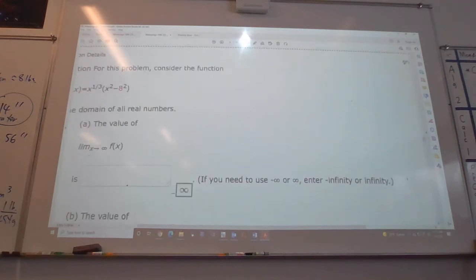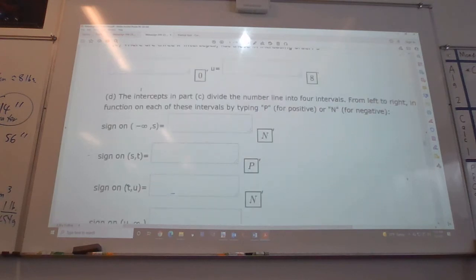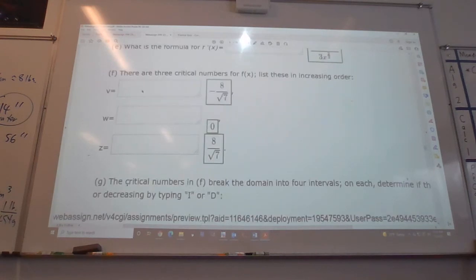If we plug in x equals 0 into this formula, there's nothing wrong with that. We just get 0 times negative 64. So 0 is in the domain of the function, but it's not in the domain of the derivative. The derivative is undefined there, so it is a critical number. So this is another case where you have to be careful of undefineds. So there are 3: negative 8 over square root of 7, 0, and 8 over square root of 7.